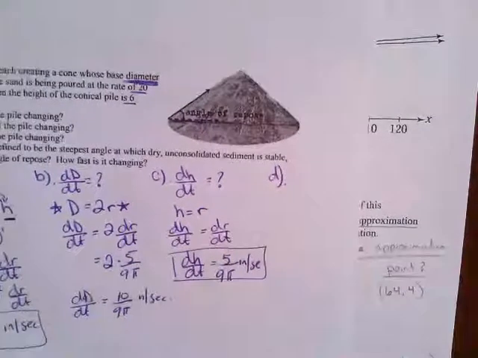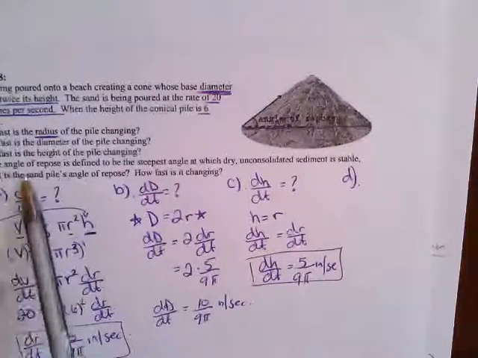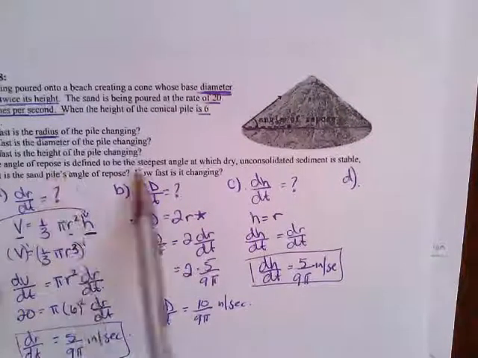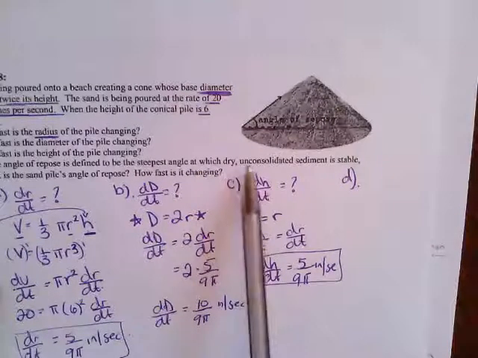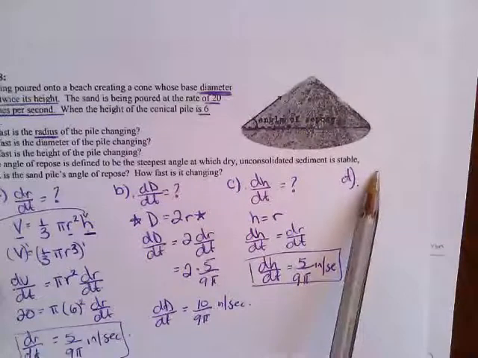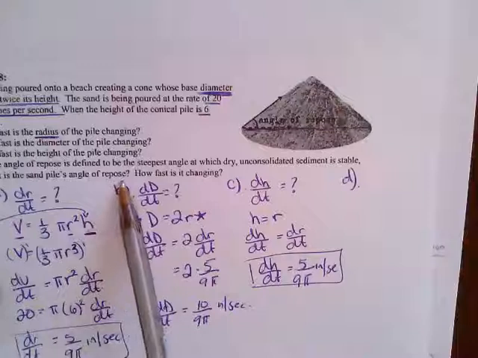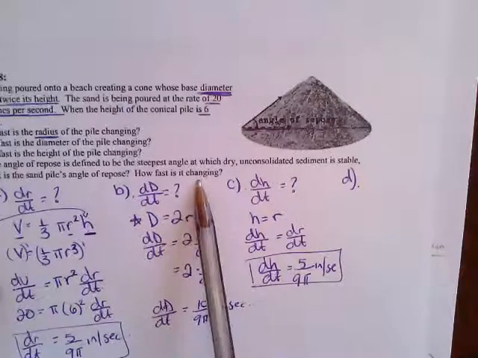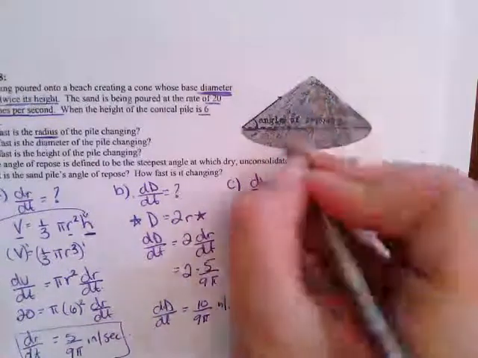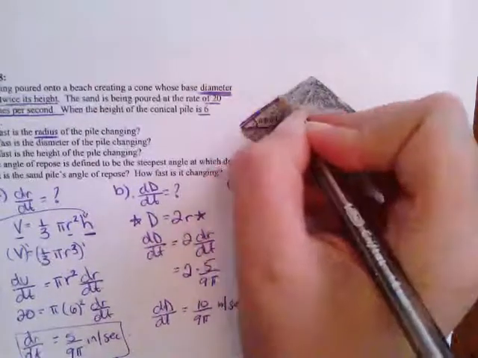All right, part D says, if the angle of repose is defined to be the steepest angle at which dry, unconsolidated sediment is stable, what is the sand pile's angle of repose? How fast is it changing? So it's very hard to see, but this is actually kind of already written in here.